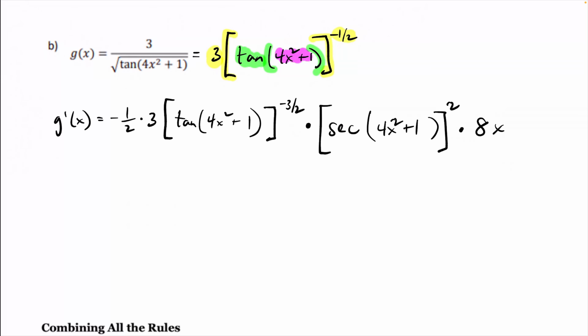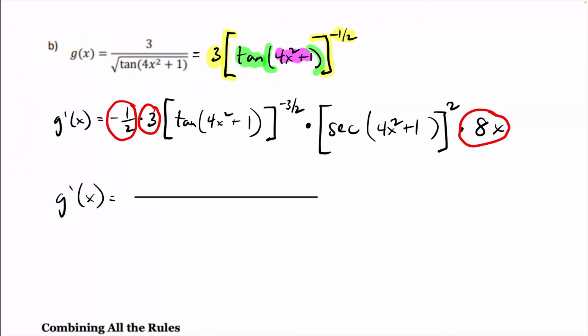Same thing as the last one: the monomials multiply. So we get 8 times 3, which is 24, times negative 1/2 is negative 12. I see that I have some negative exponents, so I'm going to have a fraction.